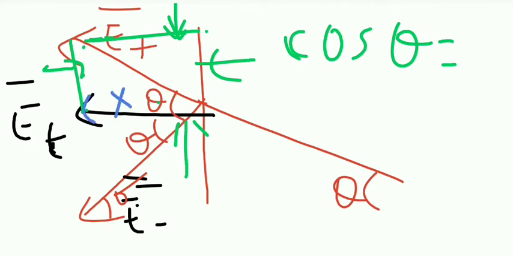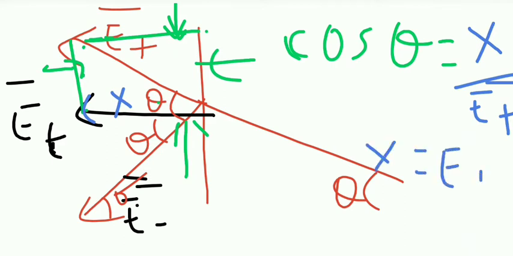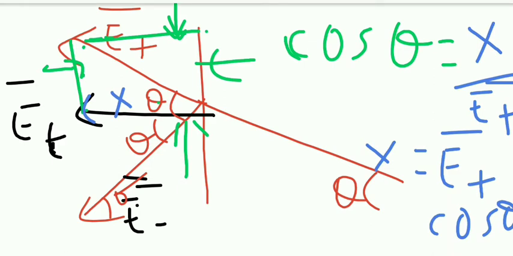This is the adjacent side divided by the hypotenuse. The hypotenuse is this distance, E plus vector. So x is equal to E plus cos theta. So this distance is E plus cos theta.